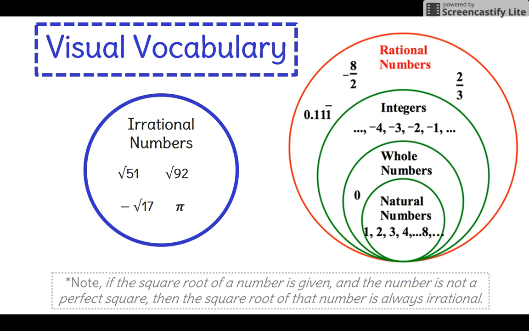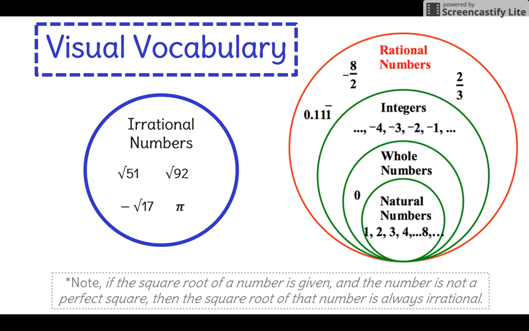Integers, whole numbers, and natural numbers all fall under the category of rational numbers. All of those definitions we just talked about fall under the category of real numbers.